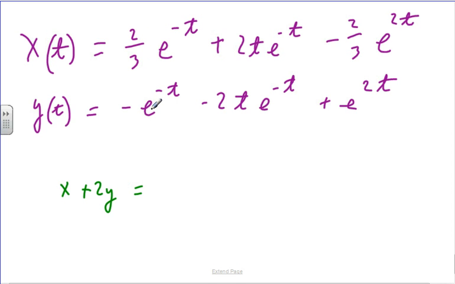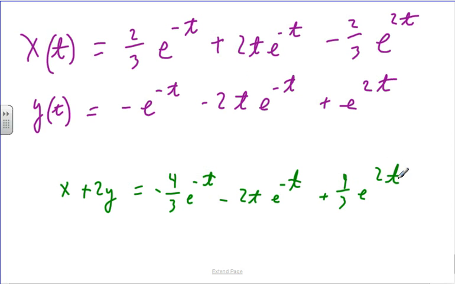So I've got 4/3 plus minus 4/3 e to the minus t. I got 2 minus 2, so I got minus 2t e to the minus t. I got 2 of these, so that's 4 plus 4/3 e to the 2t.